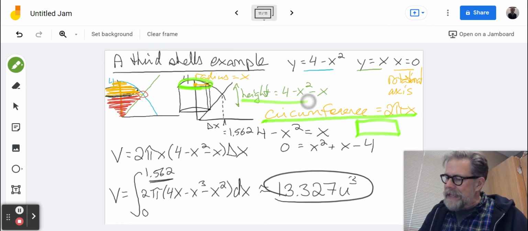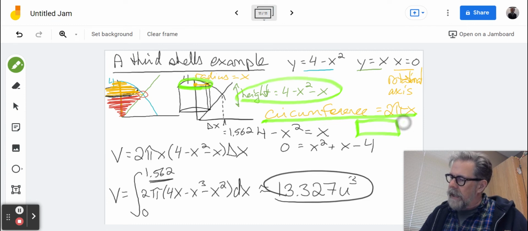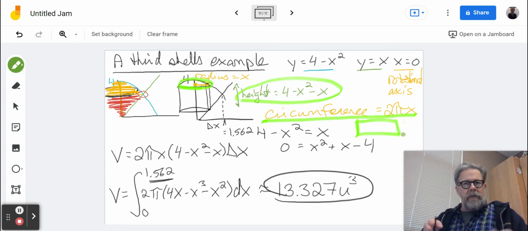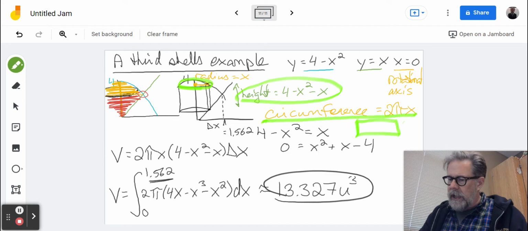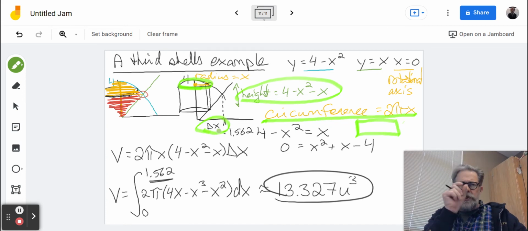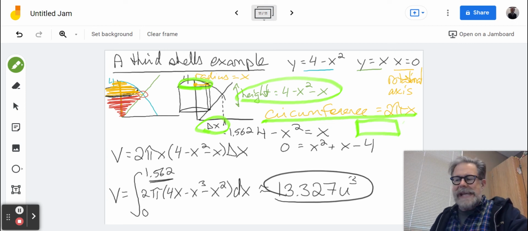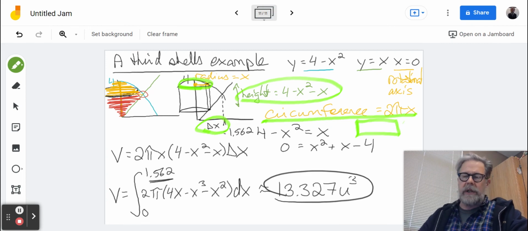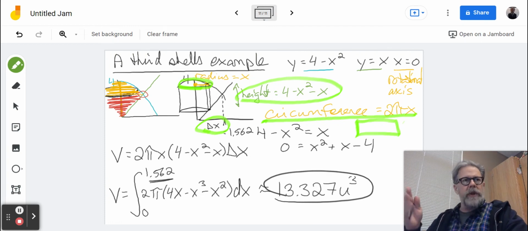We need the height of the shell, because that gives us the side of the rectangle when we unroll the shell. And we need to know which direction our thickness is in, because that tells us our variable of integration for the thickness of our shell. And then volume, length times height times thickness, and we integrate that over the distance that we are rotating.